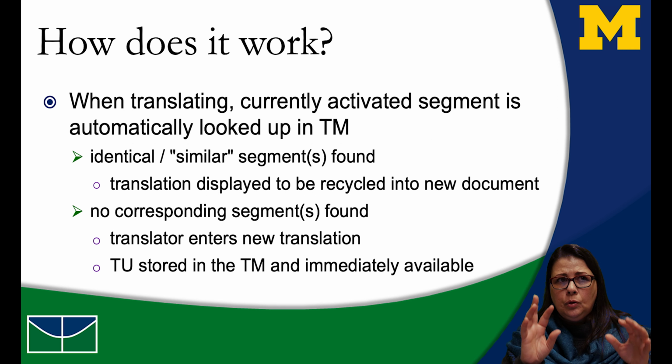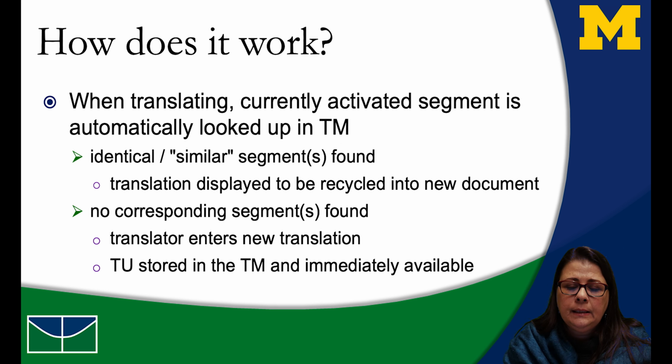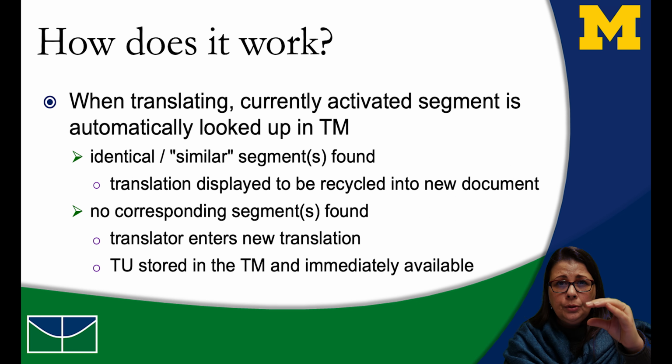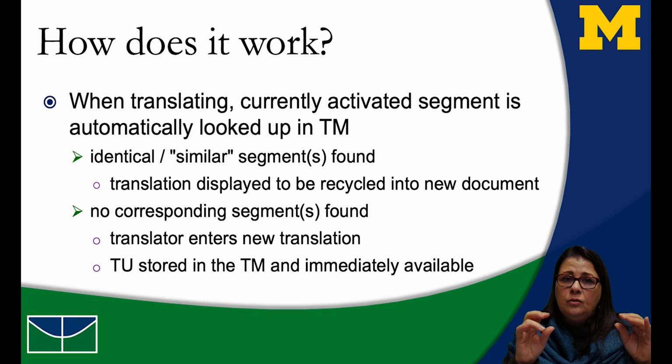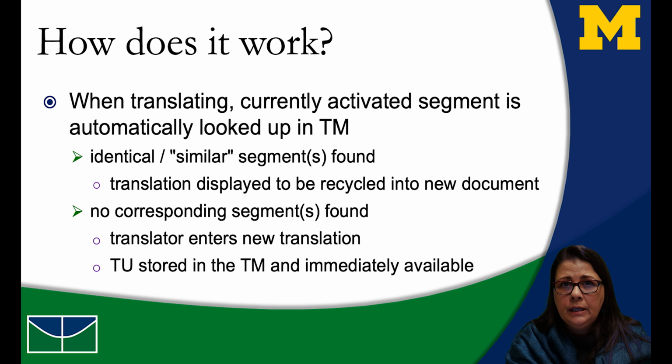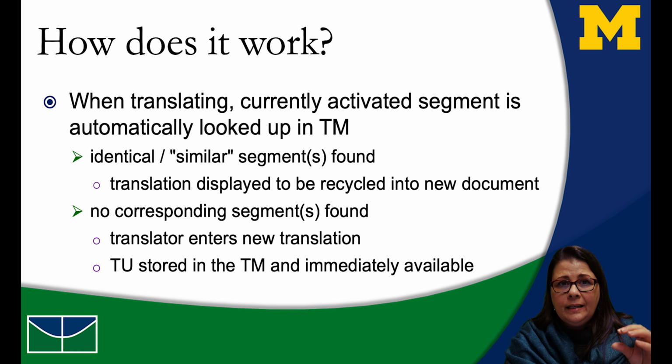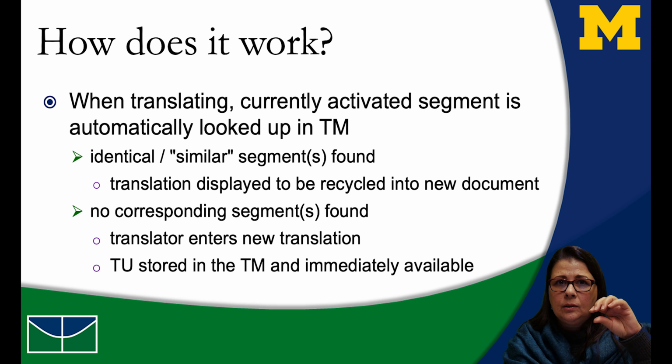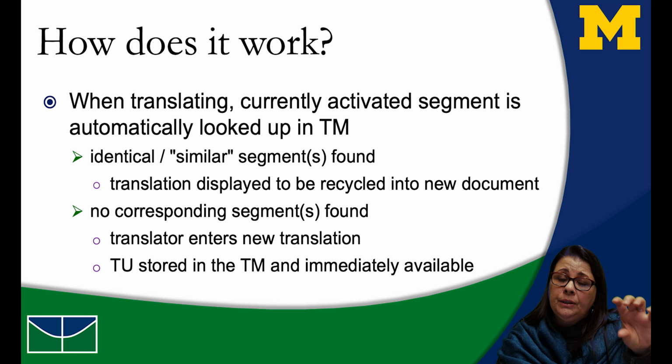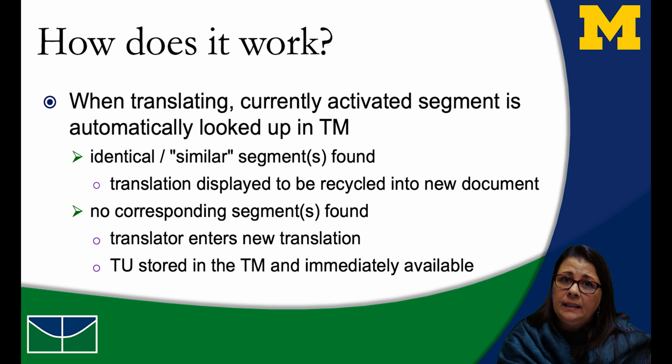So every time you go through a text to translate it, the source text is going to be shown to you, and then a space for you to enter the translation is going to be shown either on the side or underneath. And as you do that, the computer is going to search for similar contexts in this database.